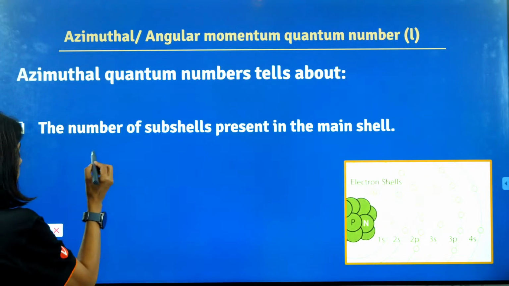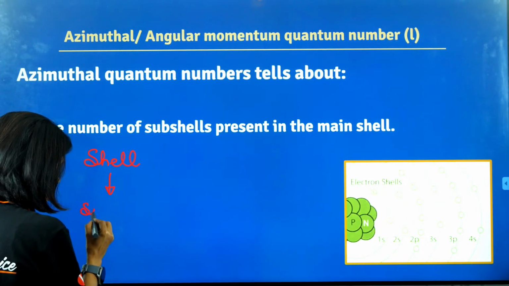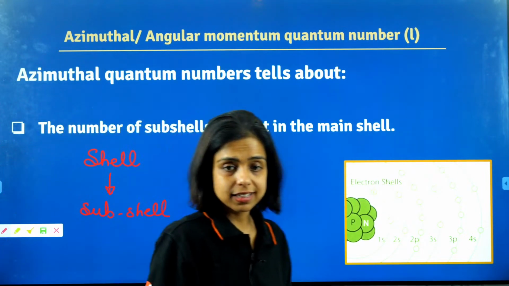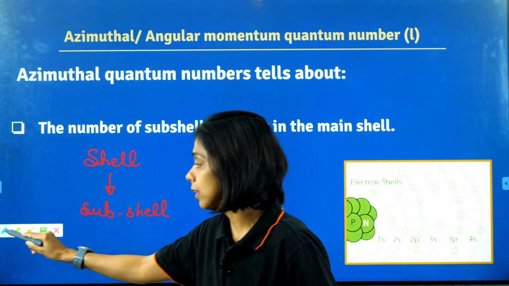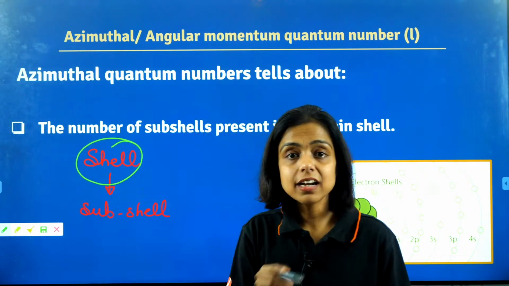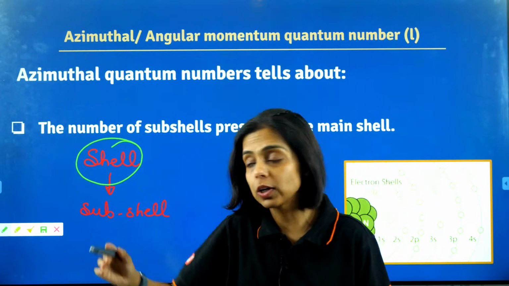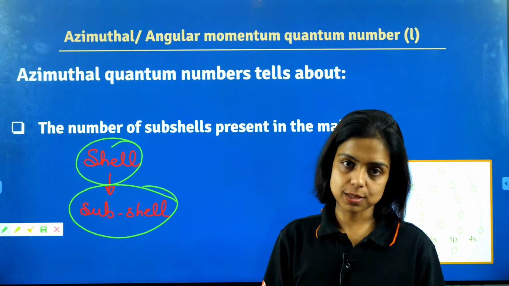Now, in your atom, there are shells. Each shell has various subshells, right? Just like cities have various areas or localities. So in an atom, there are certain 3-dimensional regions. We call them shells. And just like each city has various areas or localities, each shell has various smaller regions known as subshells.